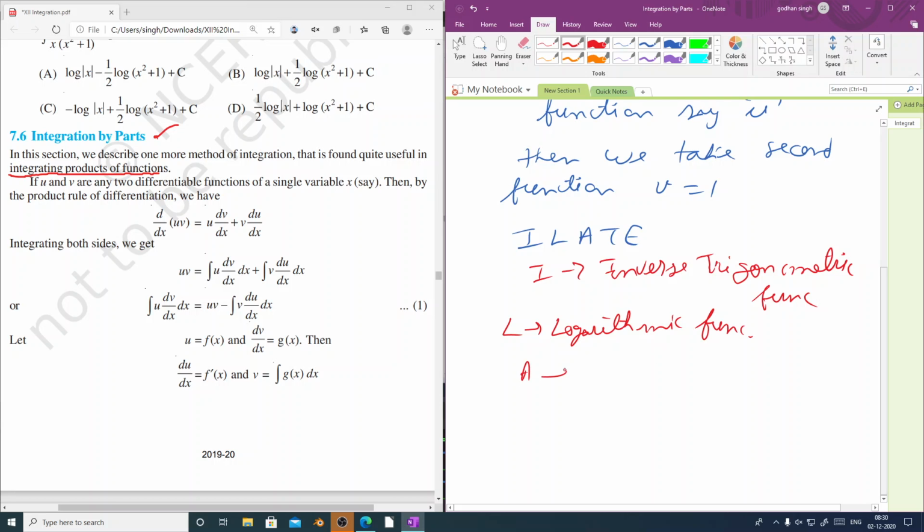Then A for algebraic function. T for trigonometric function. And E for exponential function.